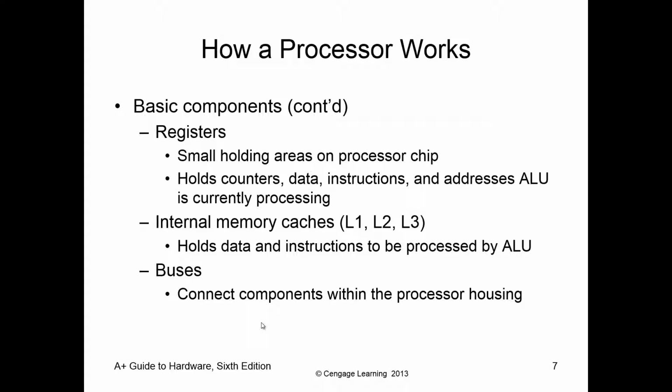Next is the internal memory cache, which is again extremely fast, but not as fast as the registers. Lastly are the buses, which are the actual connections between the cores of the processor and other cores, as well as to other things outside of the processor.